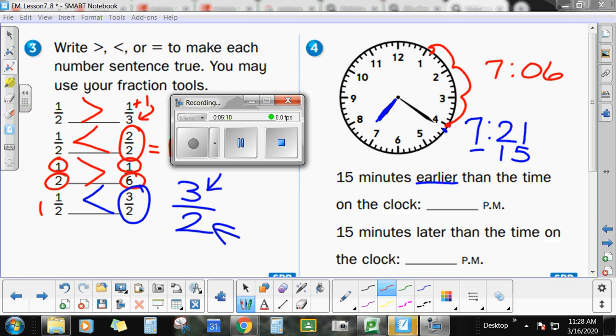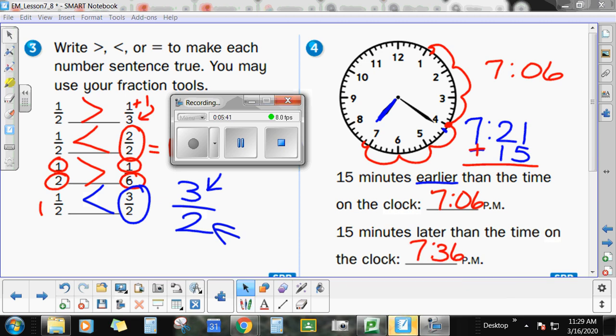If we're going to do 15 minutes later than the time on the clock, okay, we can now do 7:21 plus 15, and we can add that time, or again, round it to the easy number, round it to the 20, and do 5, 10, 15, and then go that extra little minute. And so we're going to have 7:36.